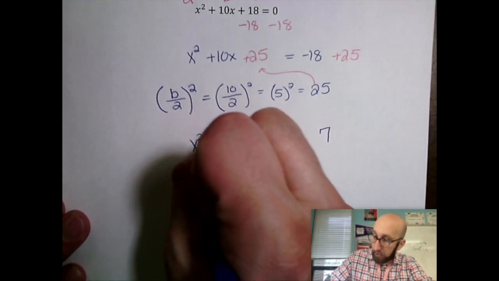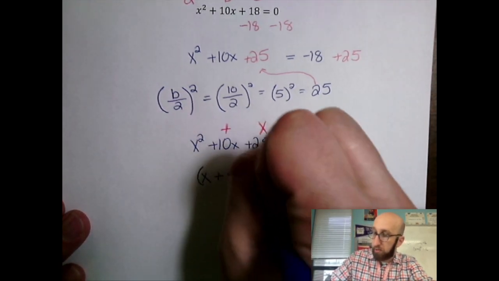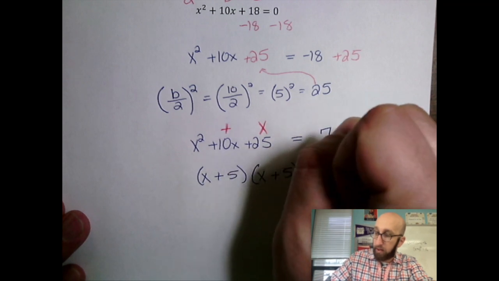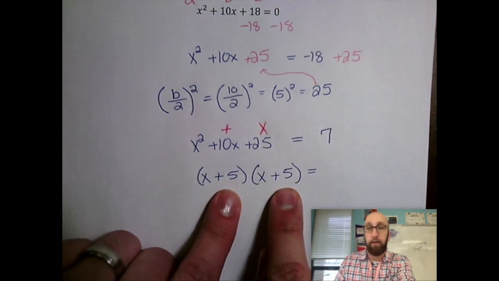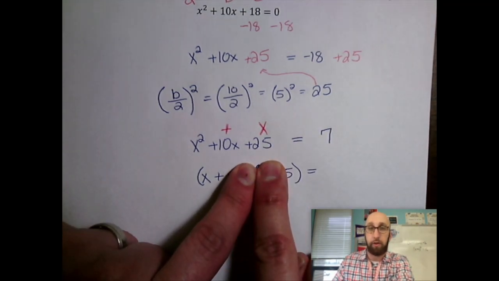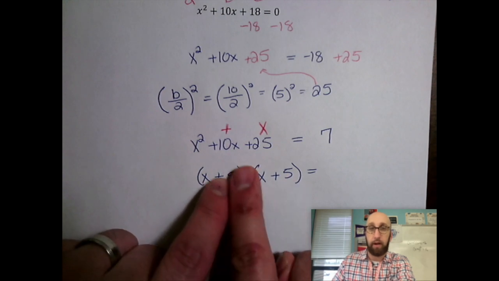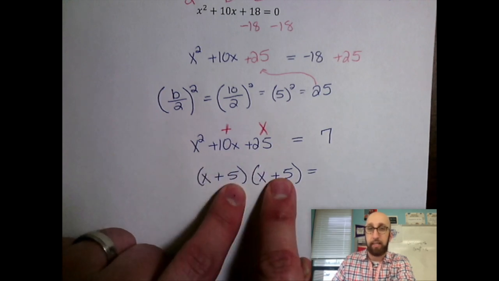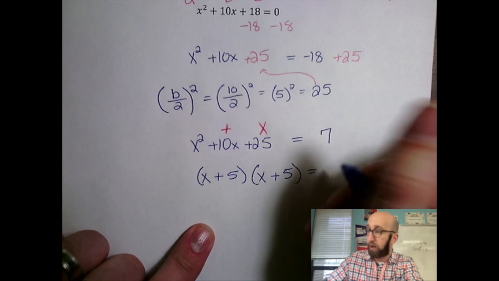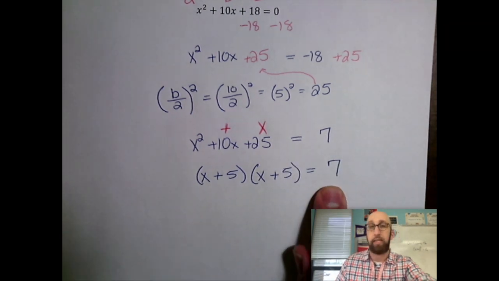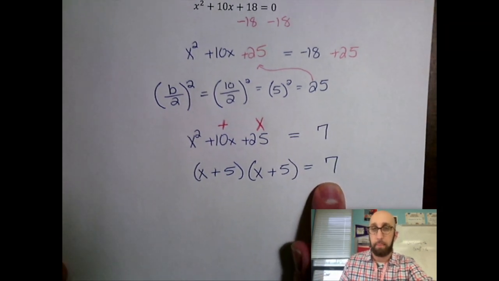My number sense is telling me if I use positive 5 and positive 5, 5 times 5 is 25, 5 plus 5 is 10. So x plus 5 and x plus 5 are my factors, and I didn't quite touch that right side yet.